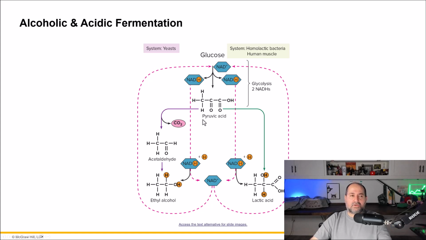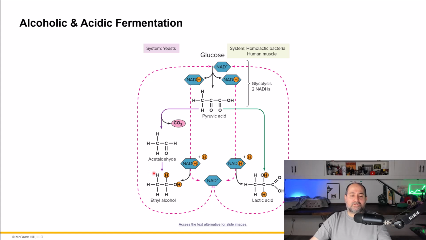But this is how alcohol fermentation occurs. During glycolysis, glucose is broken down into pyruvic acid. Remember pyruvate? That pyruvic acid cannot proceed to the Krebs cycle, so instead it gets converted to acetaldehyde, and then finally it becomes converted to ethanol or ethyl alcohol. And that's why yeast produce alcohol.